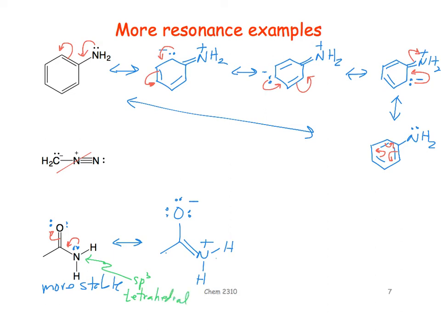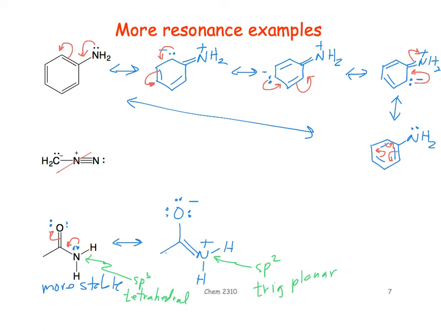Okay, what about the same nitrogen over here? What should its hybridization be? sp2, which means that it's trigonal planar. All right? But if there's going to be resonance here, then that resonance cannot involve a change in hybridization.